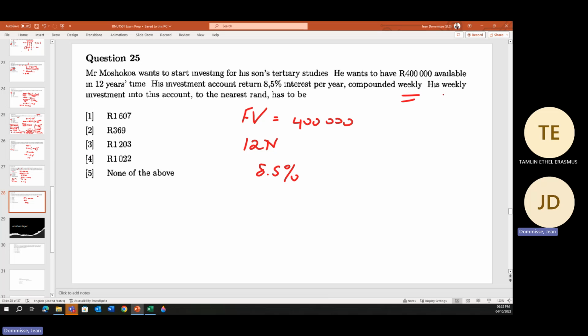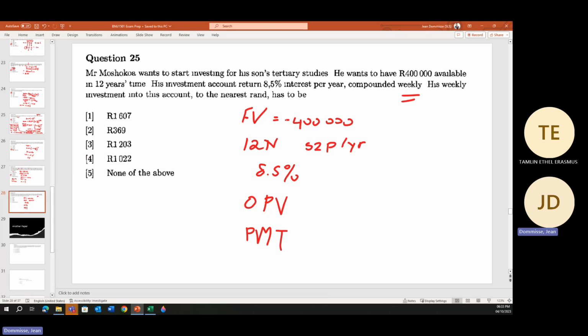So here we have 12 years, but it is 52 times per year because there's 52 weeks in a year. So his weekly investment into this account to the nearest rand has to be. Okay, so future value, the zero present value, so that we can work out what the PMT is.